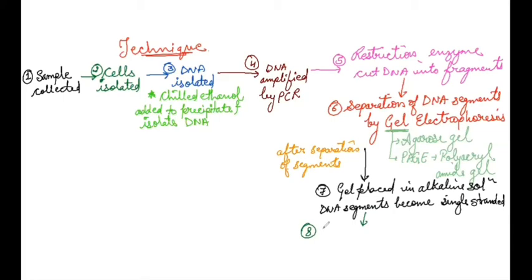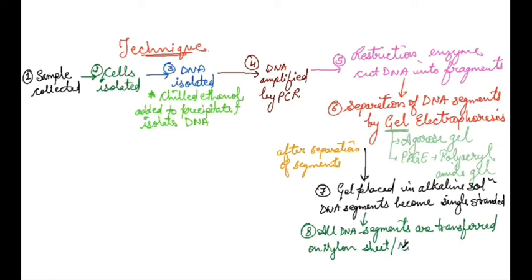So all the DNA segments are transferred onto a nylon sheet or nitrocellulose membrane. Now, what is the name of the technique? The name of the technique is Southern blotting.